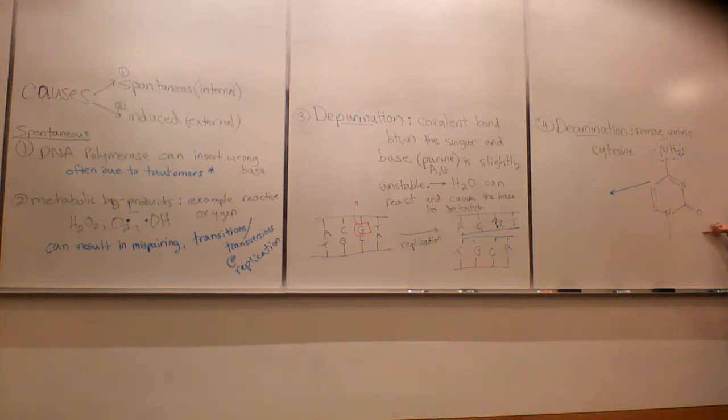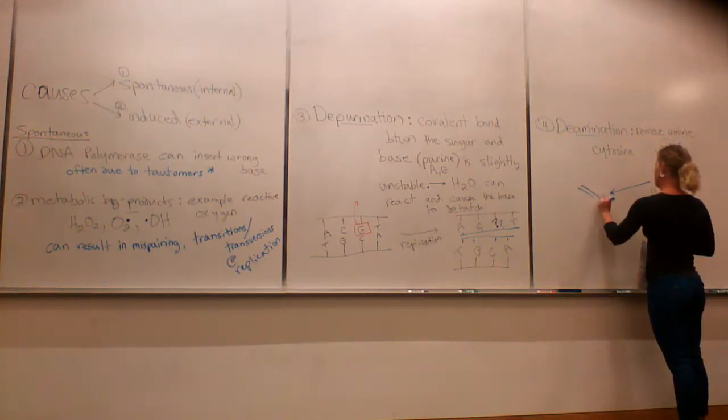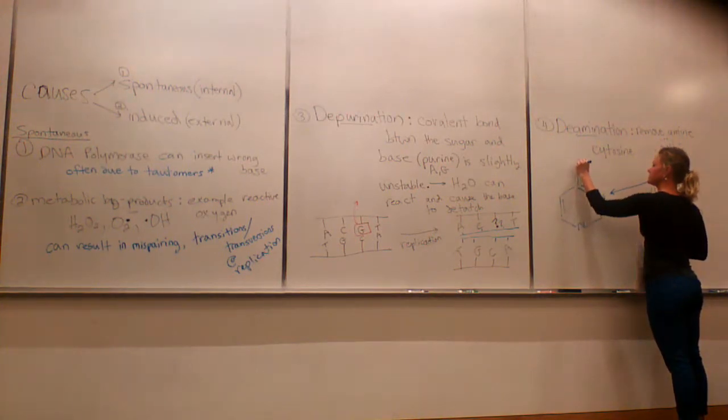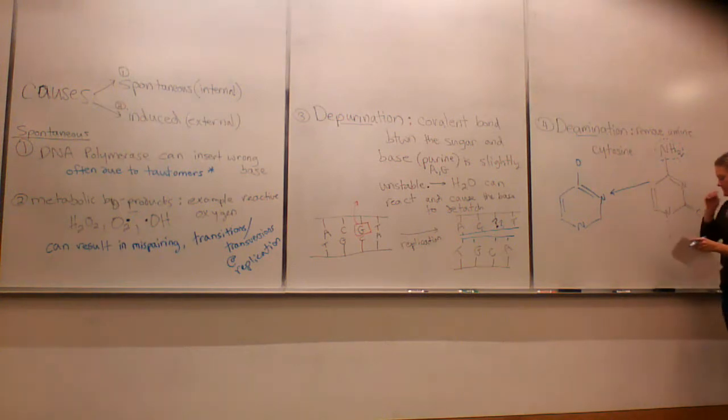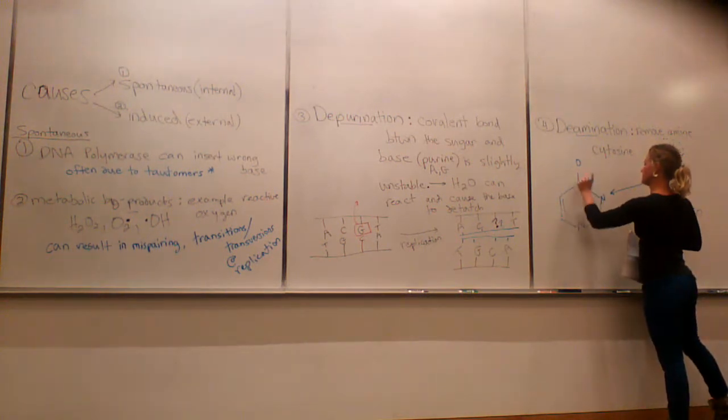And guanine and adenine, again, this is where my lack of chemical knowledge, I should probably check with Crystal, but they're the double ring structures, and the deamination doesn't tend to happen as often to them as it does to the cytosine. So we end up with, instead of an amine group, an oxygen.